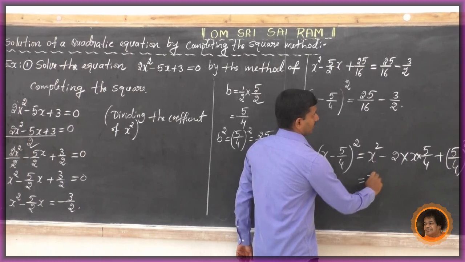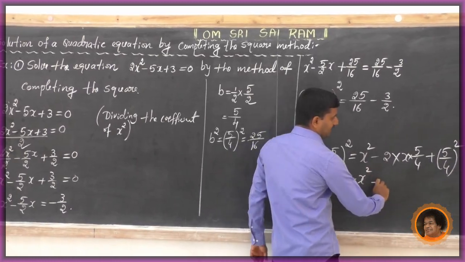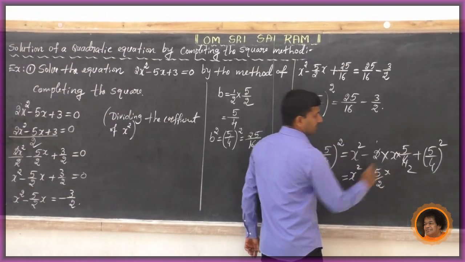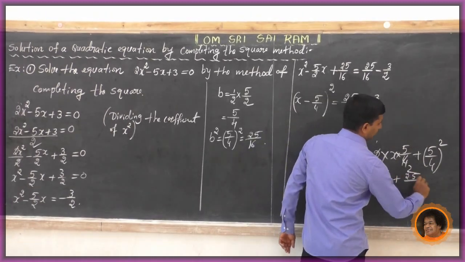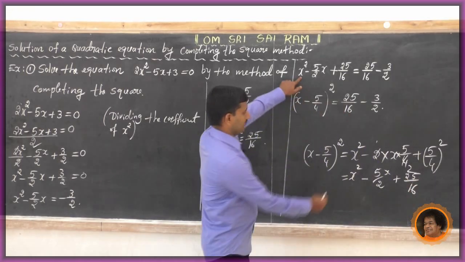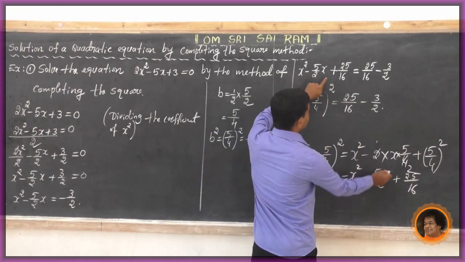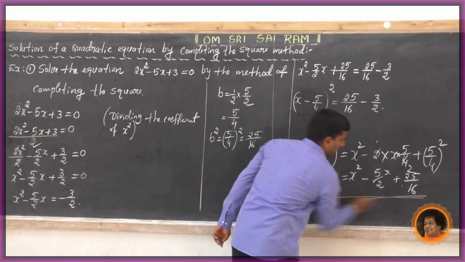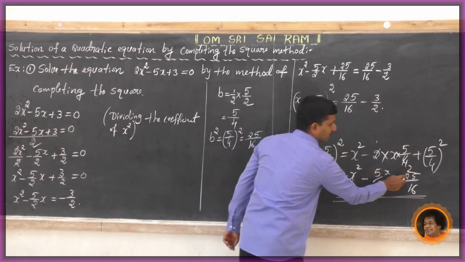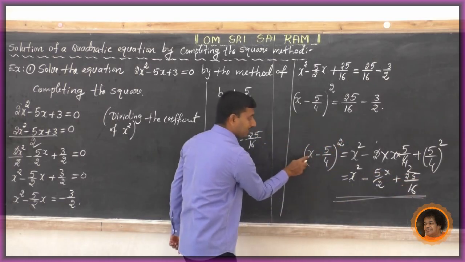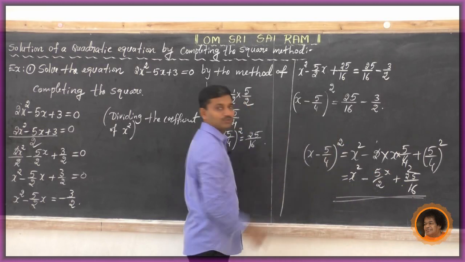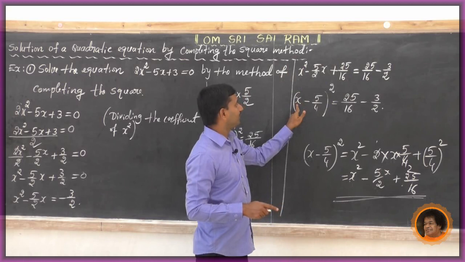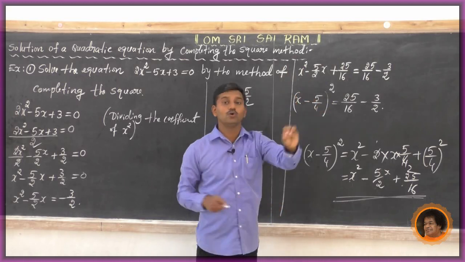So equal to x square minus, 2 ones are 2, 2 twos are, so 5 by 2 into x plus 25 by 16. So here x square minus 5 by 2 into x plus 25 by 16. Therefore x square minus 5 by 2 into x plus 25 by 16 can be written simply as x minus 5 by 4 whole square. So the left hand side is in the form of x minus 5 by 4 whole square.